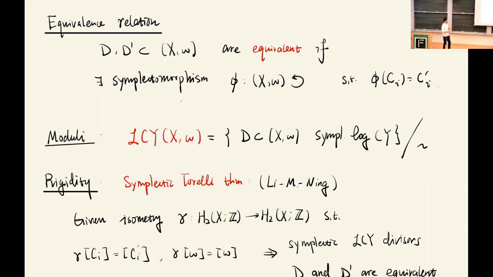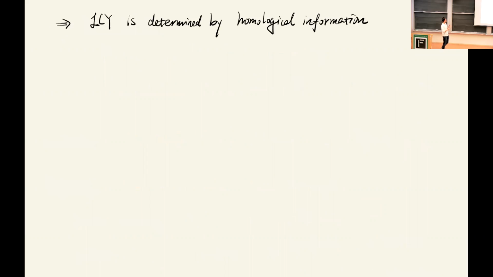Then this algebraic map can be lifted to a symplectomorphism that maps one divisor to the other, so that these two divisors are equivalent. So this is a very rigid property. It is basically saying that all the information about this geometric object is encoded in the homology classes. All right? So LCY is really determined by homological information.